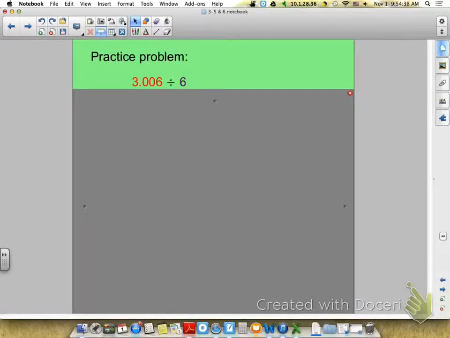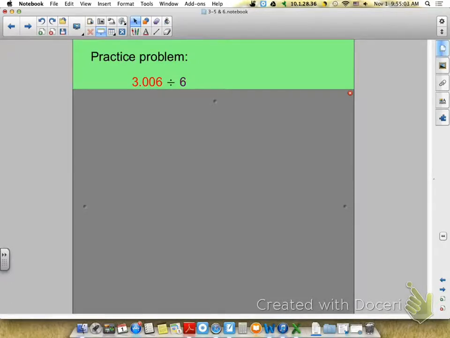All right. Here's a practice problem. 3.006 or 3 and 6 thousandths divided by 6. Let's estimate first. Emily? Three divided by 6. What is 3 divided by 6? You guys know this.